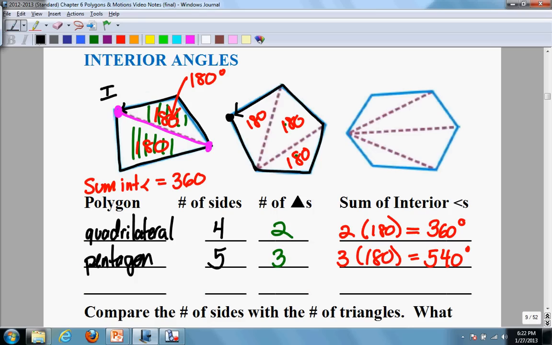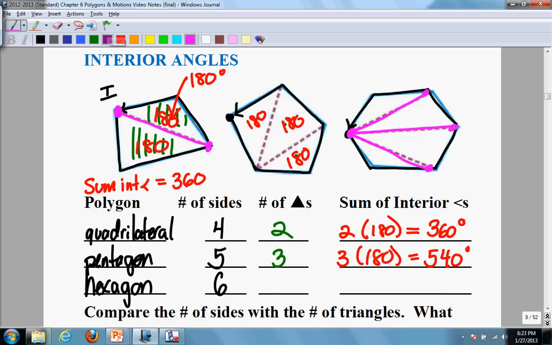Let's do the next one. There's a pattern I want you to notice here. From here, let's count the sides. 1, 2, 3, 4, 5, 6. A 6-sided figure is a hexagon. Now from one corner, let's draw in the maximum number of diagonals, which is 1, 2, 3.